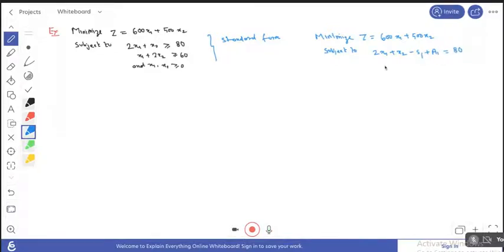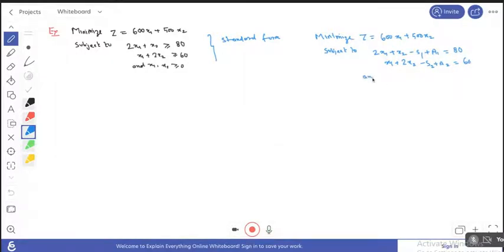Similarly for the second one, x1 plus 2x2, with a greater than or equal to sign, we introduce another surplus variable and another artificial variable, and it equals 60.